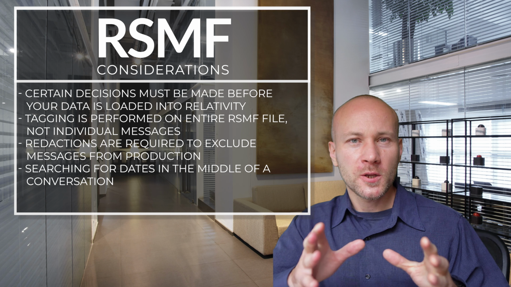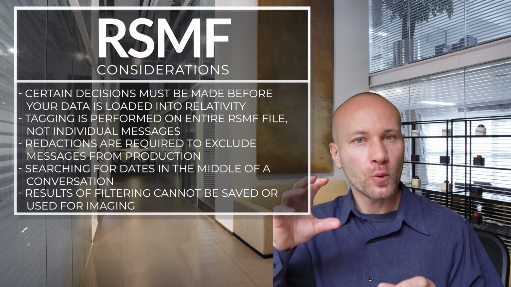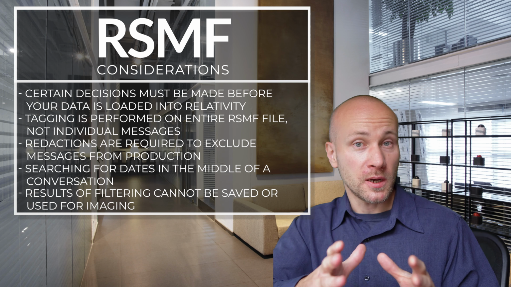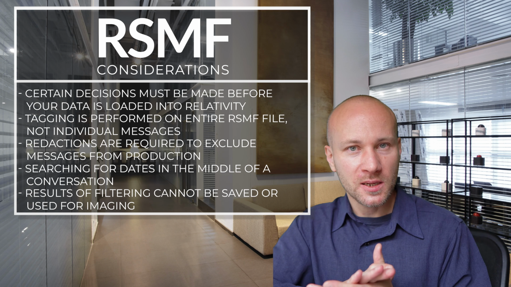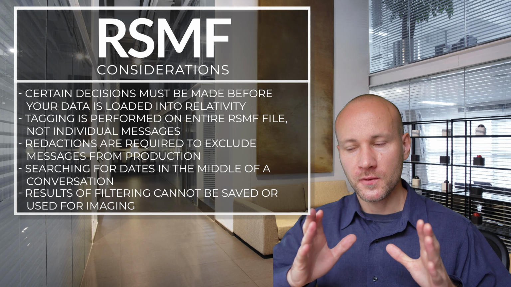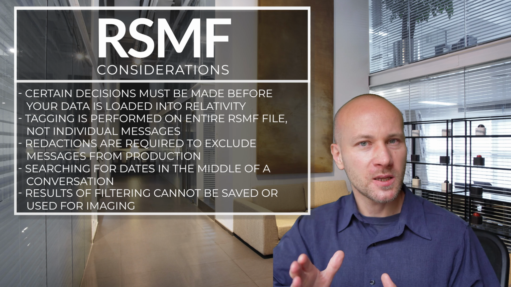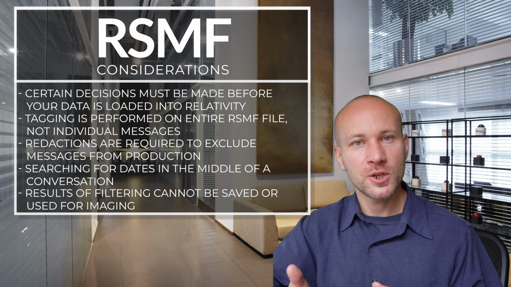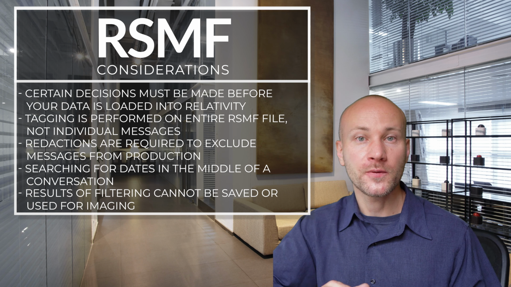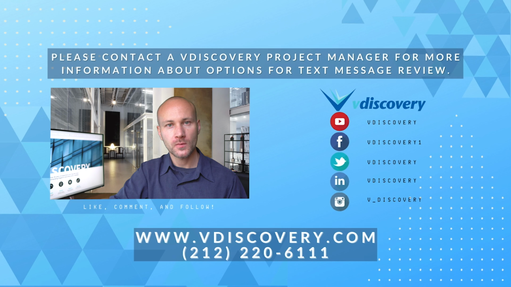Lastly, filtering and searching within RSMF, while it does work in Relativity, cannot be saved, at least at this time. So if you filter for a certain date range inside the RSMF file, you can look at it. However, you can't image it in that way, or you can't save it for later use.